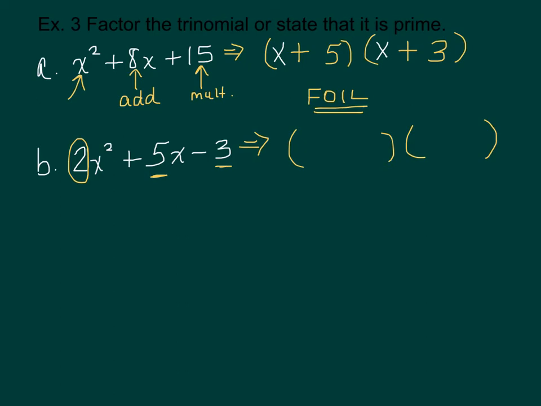So a lot of students use what is called the x factor, which is fine. And if you're going to do it that way, you're going to multiply the a and the c, because when you're doing a trinomial, it's ax squared plus bx plus c.